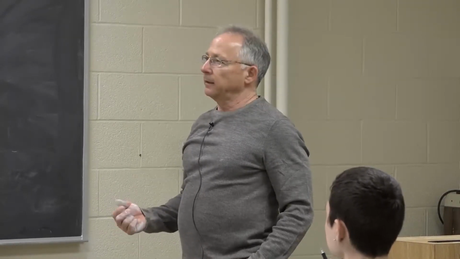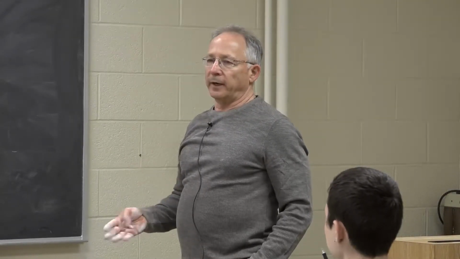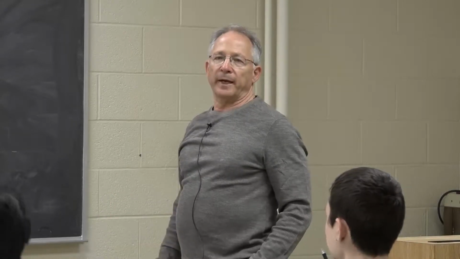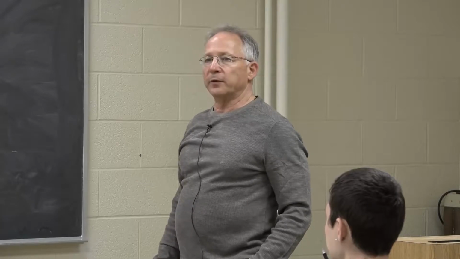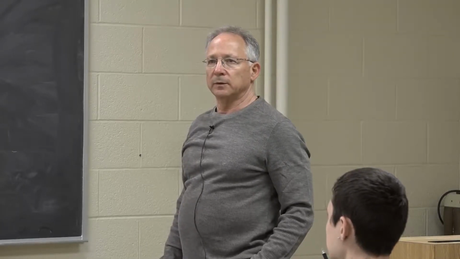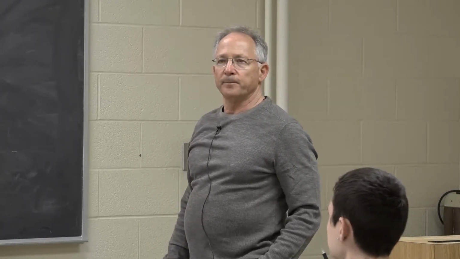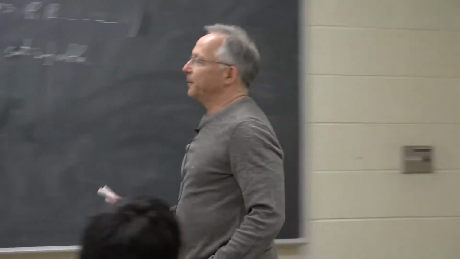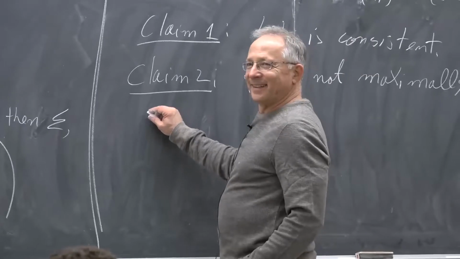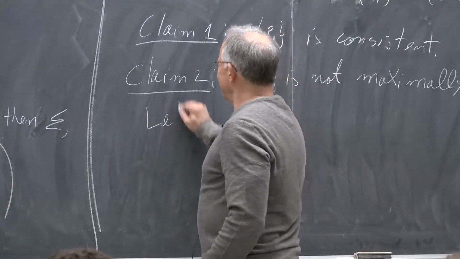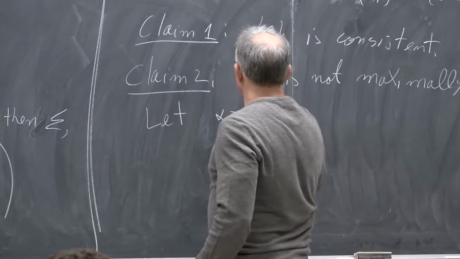And secondly, even if I add alpha, I will still remain consistent. So can anybody come up with such an alpha? Yes? Can't you just use P2? Just use P2. I was thinking of P3, but P2 is just as good. Okay, so let alpha be P3.